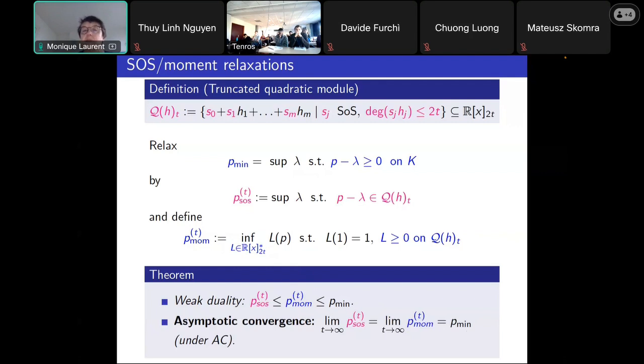So in this way, we now have a way to achieve the minimum of p over the set K as a limit of parameters which are obtained as optimal values of semi-definite programs. And this asymptotic convergence follows using the Positivstellensatz of Putinar, which I presented in the previous slide. So this holds under the Archimedean condition.